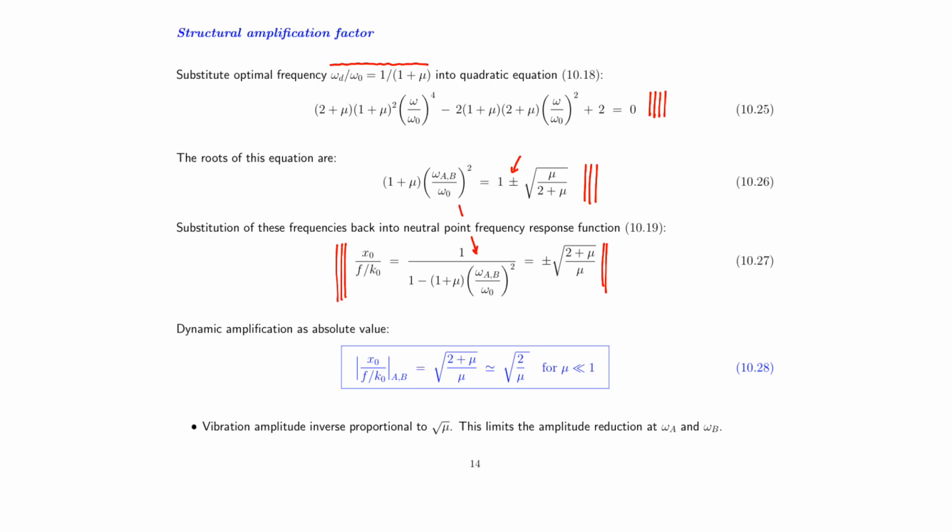And we are really happy to see this plus minus here in front, because we would like to take the absolute value. So the plus and the minus simply refers to either being above or below the resonance frequency, and it vanishes once we take these absolute values.